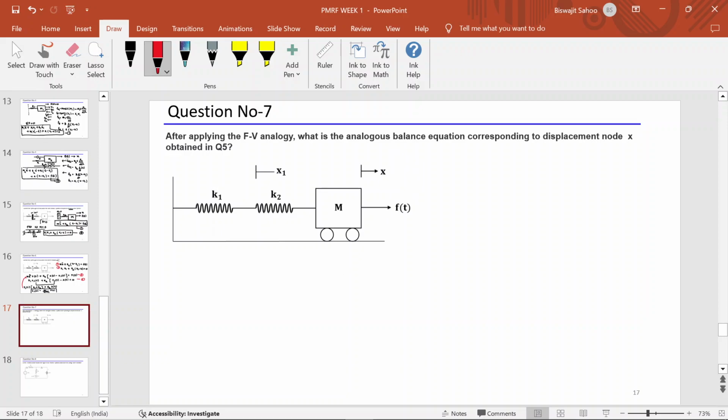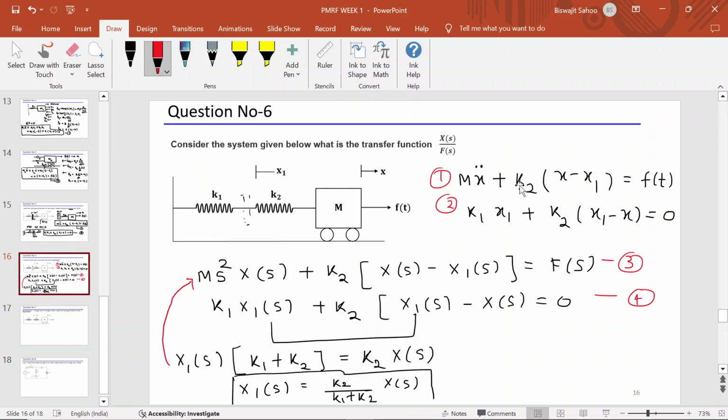What is the analogous balance equation corresponding to displacement x obtained in question number 5? This is also a simple question. After applying the force voltage analogy, what is the analogous balance equation corresponding to displacement node x? For node x, equation 1 is already there.